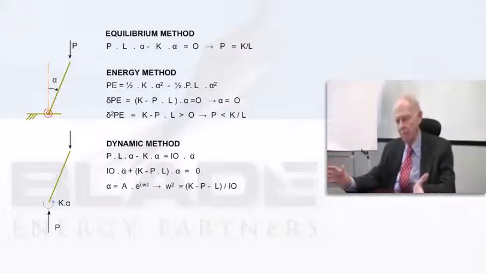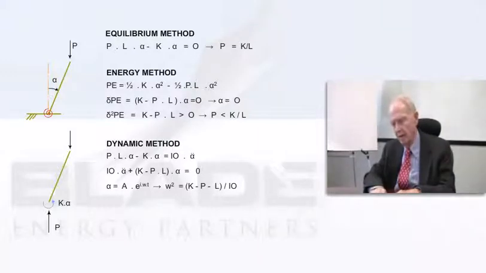What you do is you take alpha as e to the something t, and I've anticipated here and I've made it e to the i omega t, so that I get cosines and sines if omega is real. Stick this into the equation and solve for omega, and you get something that is omega squared.